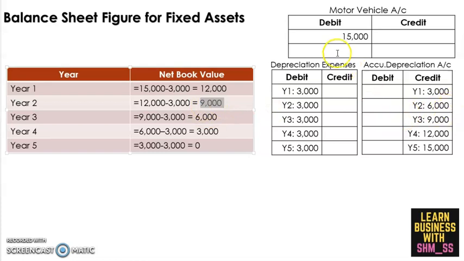In year 3, 15,000 minus 9,000, we get 6,000. Likewise, we calculate until year 5, and we get 0 at the 5th year end. So this is the way to calculate the net book value of fixed assets.